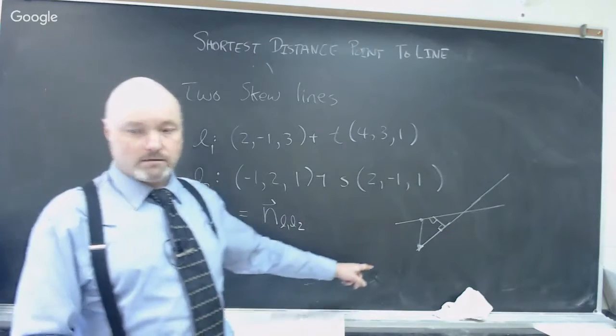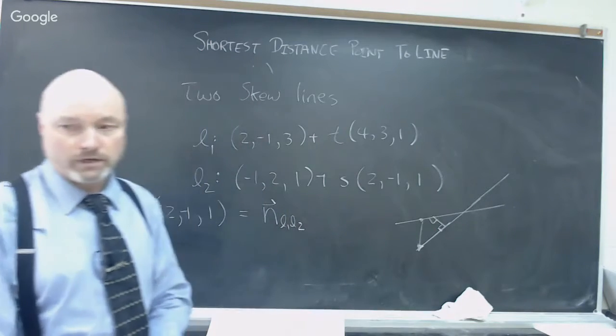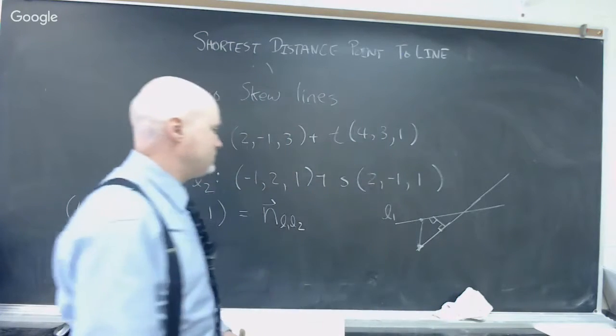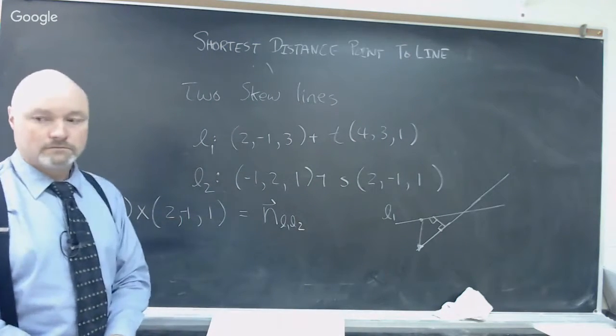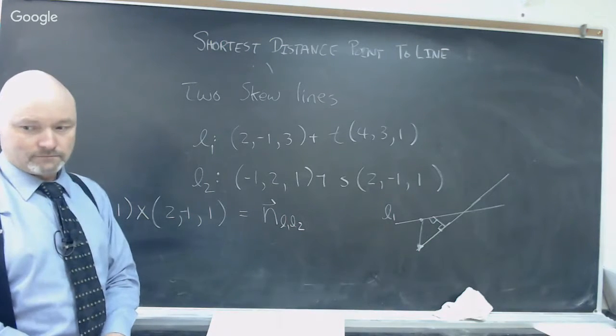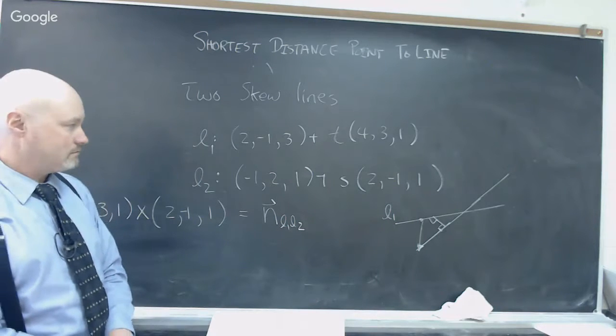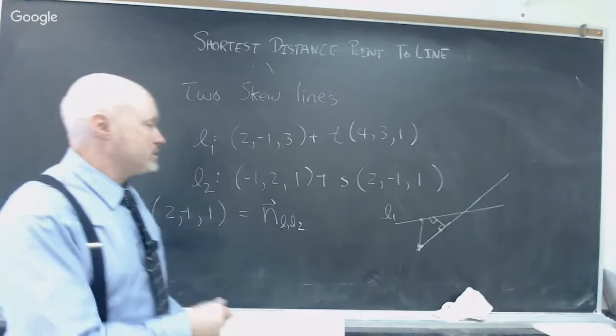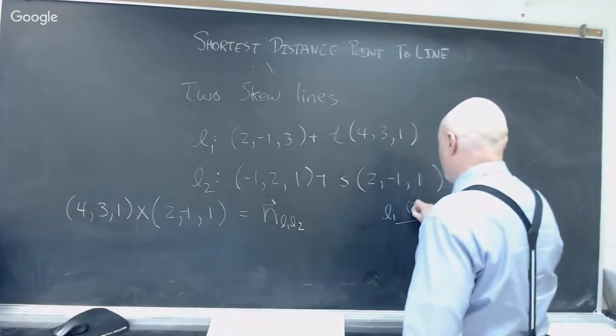Can you name me a nice arbitrary point on line 1? You could use the position, could you not? Exactly. So I could just choose 2, -1, 3.